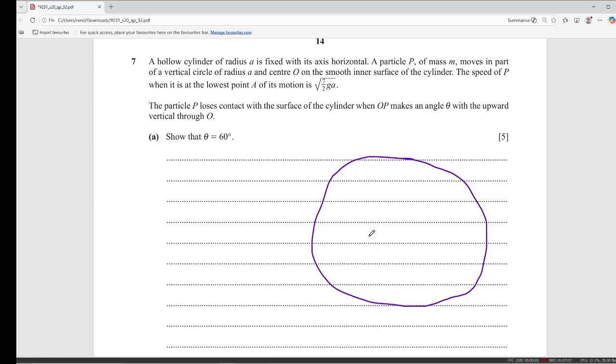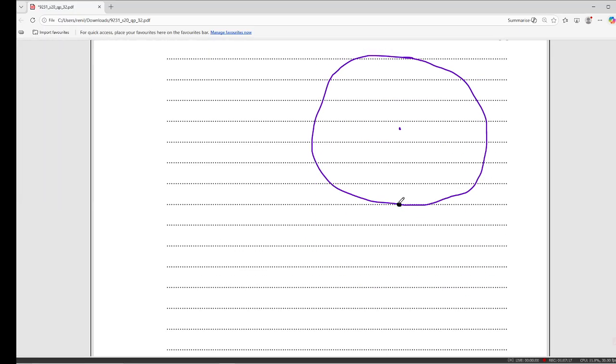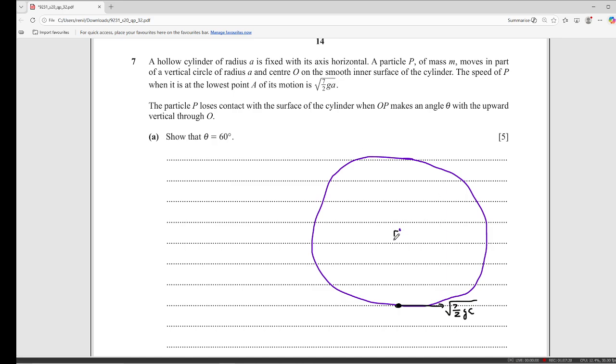Not really much of a circle, more like a rounded square, but let's consider this to be a circle. So at the lowest point, you get root 7 by 2 ga. Radius is a, and it loses its contact at angle theta.